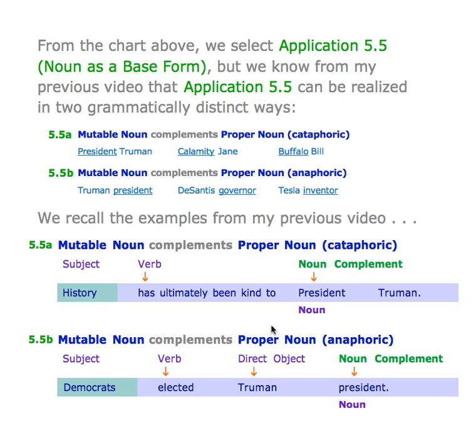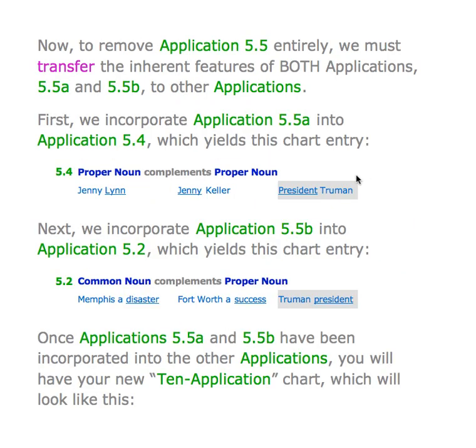But the thing is, can we get rid of this and move these examples to another application? Now, to remove application 5.5 entirely, we must transfer the inherent features of both applications, 5.5a and 5.5b, to other applications.